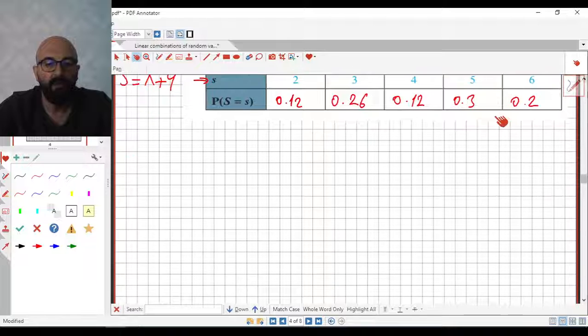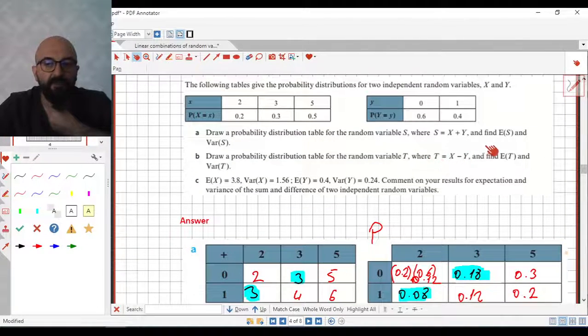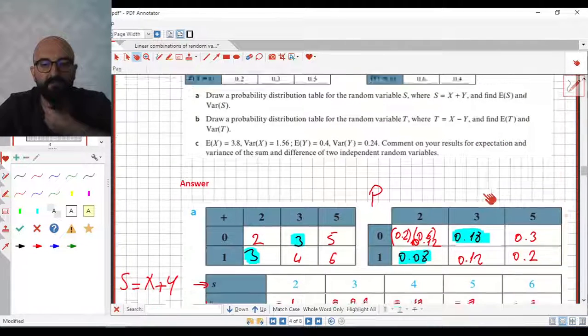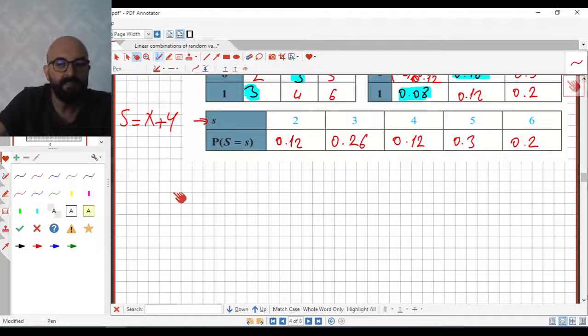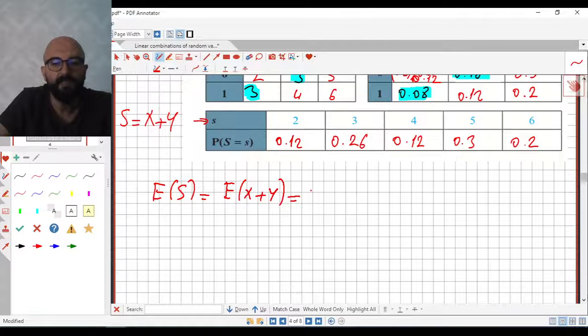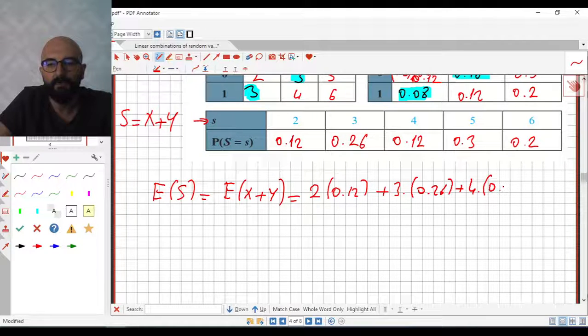Now we should find the expected value of S and the variance of S. The expected value of S means the expected value of X plus Y. It means 2 times 0.12 plus 3 times 0.26 plus 4 times 0.12 plus 5 times 0.3 plus 6 times 0.2.